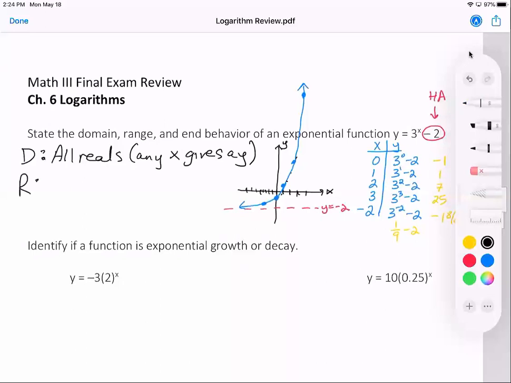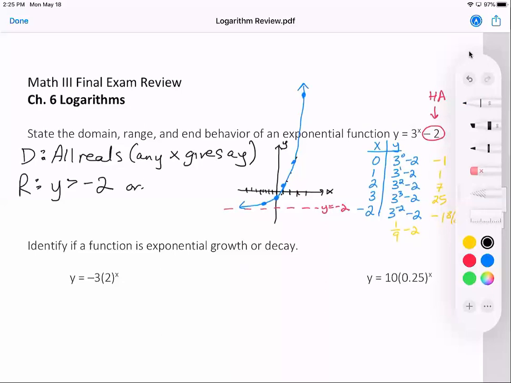The range, however, is not all reals. Not every y is represented on this blue function. So we would say y's greater than negative 2, not greater than or equal to, since you don't actually reach negative 2, but y is greater than negative 2.